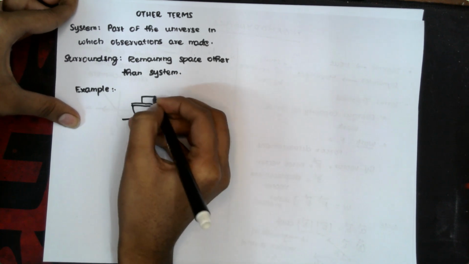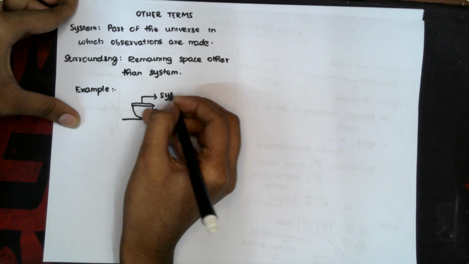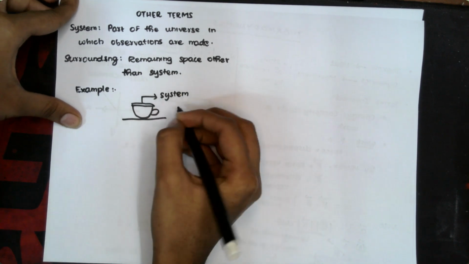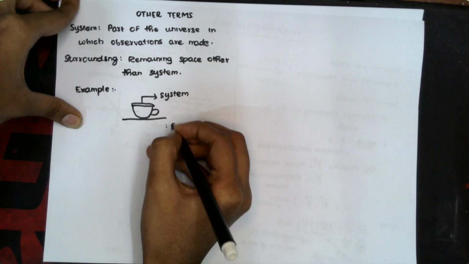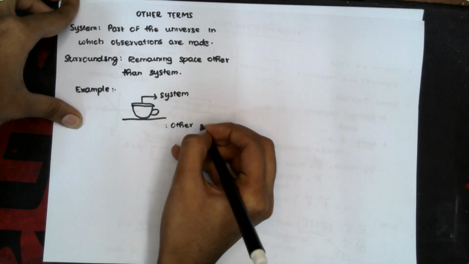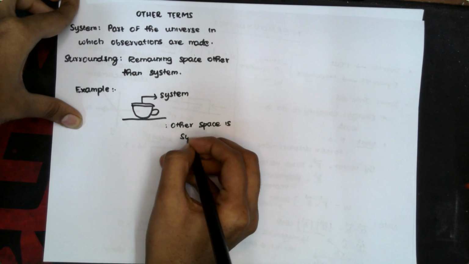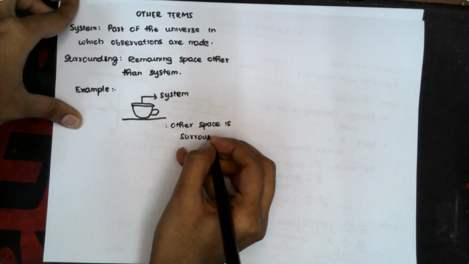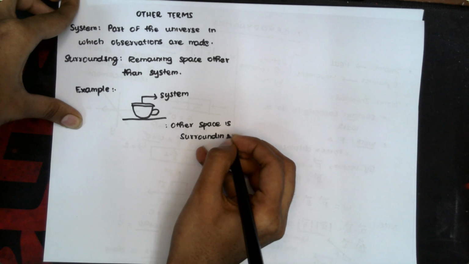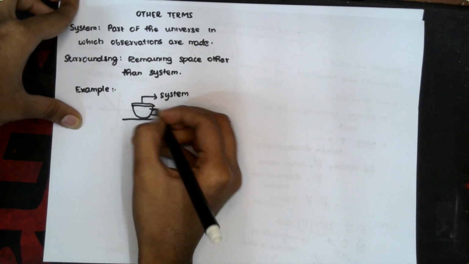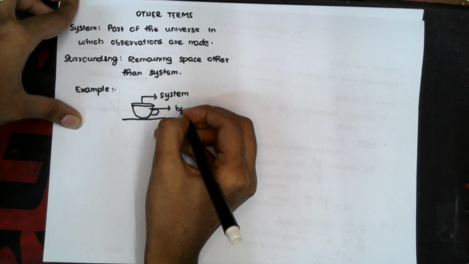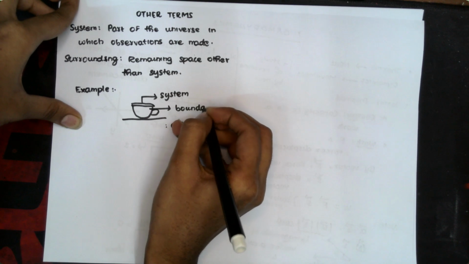The remaining space is surrounding. Are you able to follow? So, what distinguishes the system from the surrounding? There should be a boundary. And what is that boundary? It is nothing but the container here, that is the cup. Right? Therefore, the universe is equal to system plus surrounding.